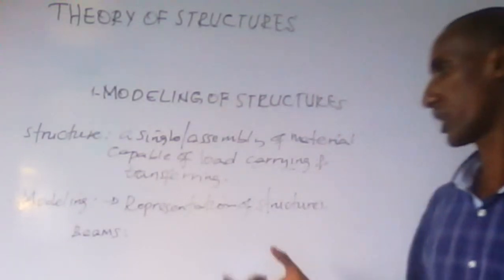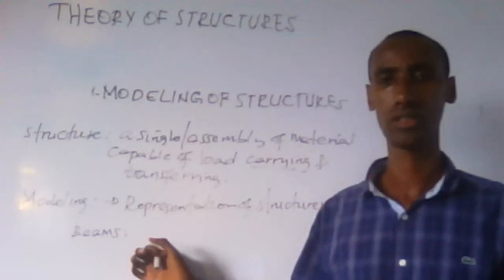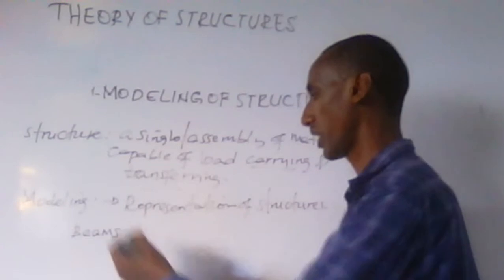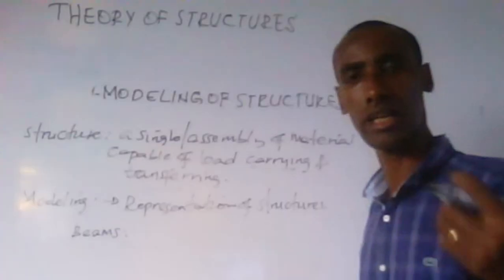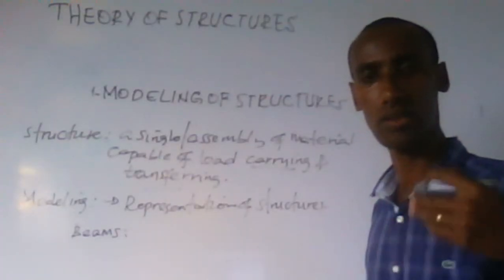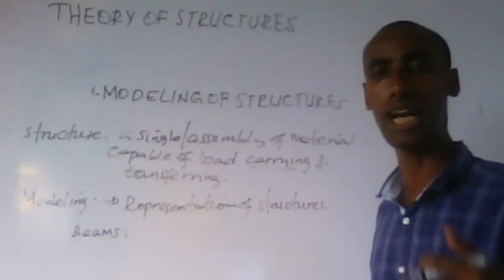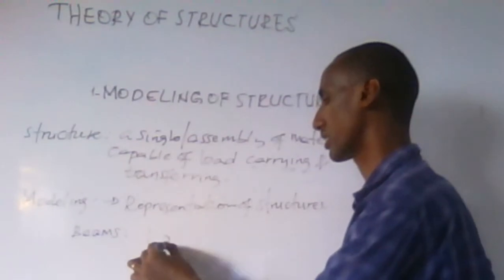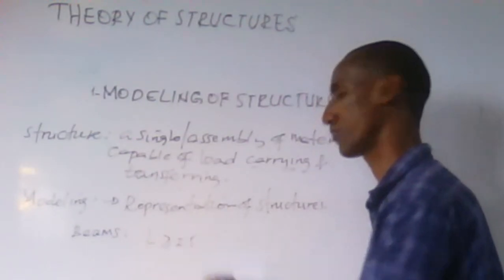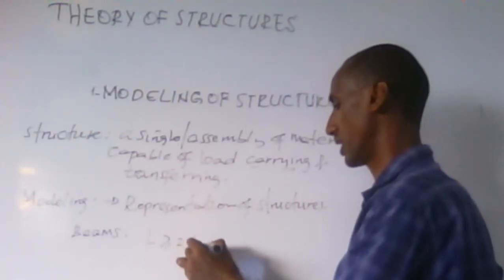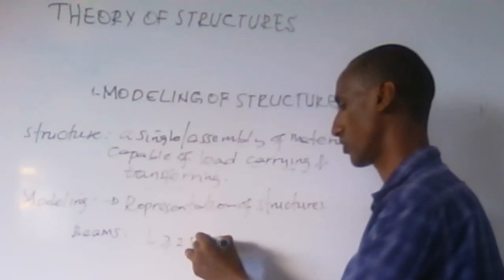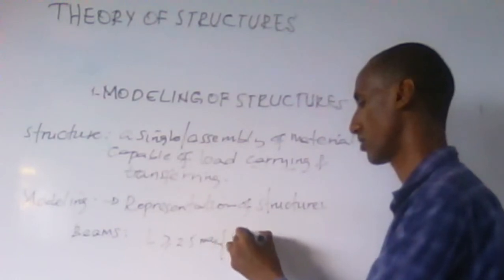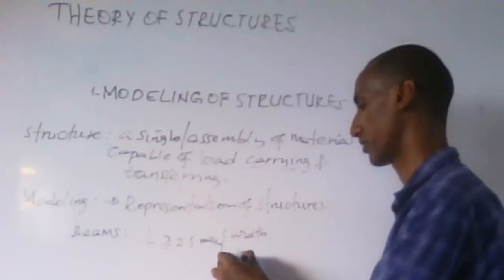Actually, based on different design codes, the definition might be somewhat different, but usually a given construction material, component, or structure is going to be named as a beam if its length is greater than or equal to 2.5 times the larger of, or max of, either its width or its depth.